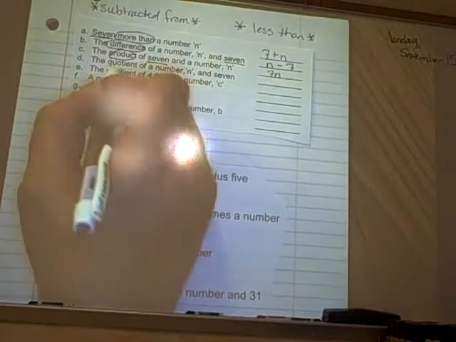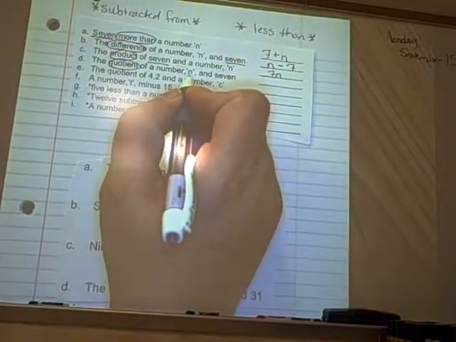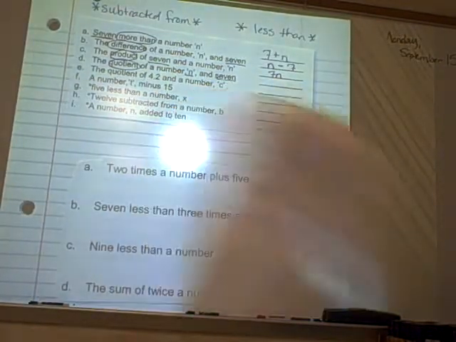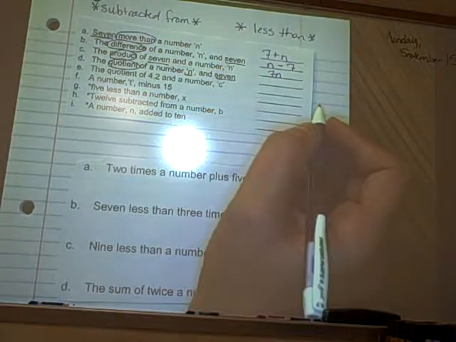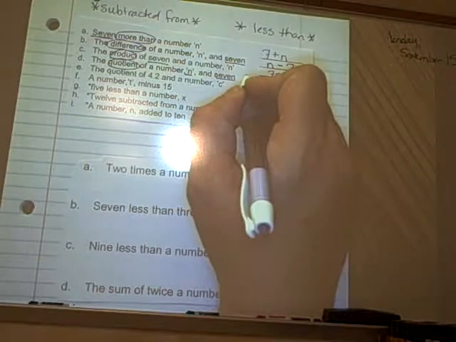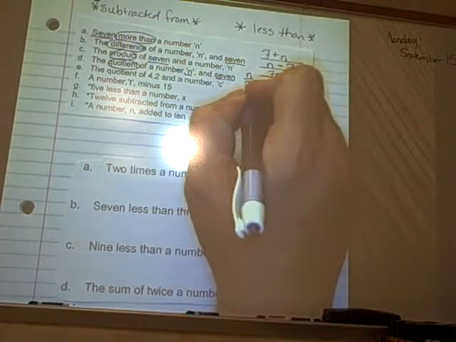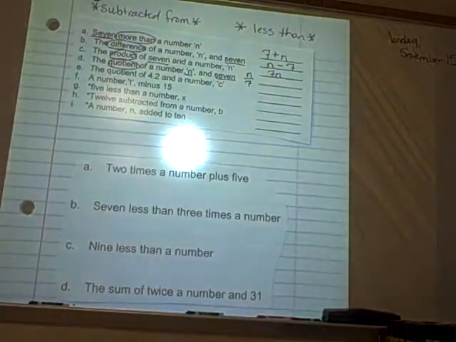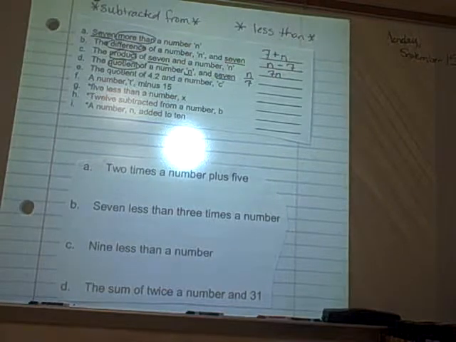Okay, D is the quotient of a number n, so n comes first, and 7. Now when you divide, we did a little bit of this with our integers, it's going to look like a fraction. So n over 7, like that. Y'all don't have to put your little line across your 7 like I do. It's just a habit.